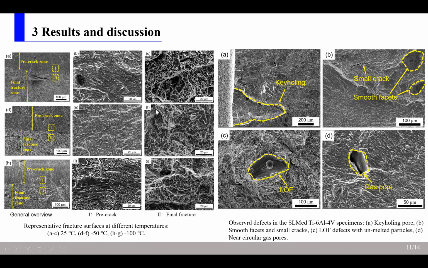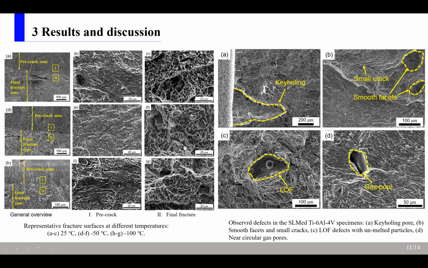The fracture surface of the specimen was observed by scanning electron microscopy. It was noted that the fracture surface is divided into two regions. In the fatigue pre-crack region 1, cleavage facets, fatigue striations, and a large number of secondary cracks were observed.